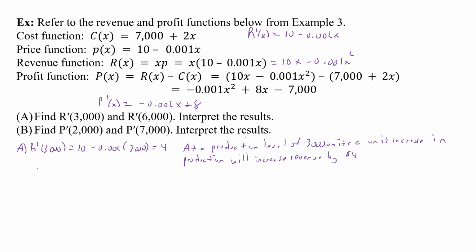Now we want to do R prime of 6,000. So marginal revenue at 6,000, well, that's going to be 10 minus 0.002 times 6,000. And so what happens here is we end up with a -2, because that's going to give us -12, and so our 10 minus 12 is going to be -2.